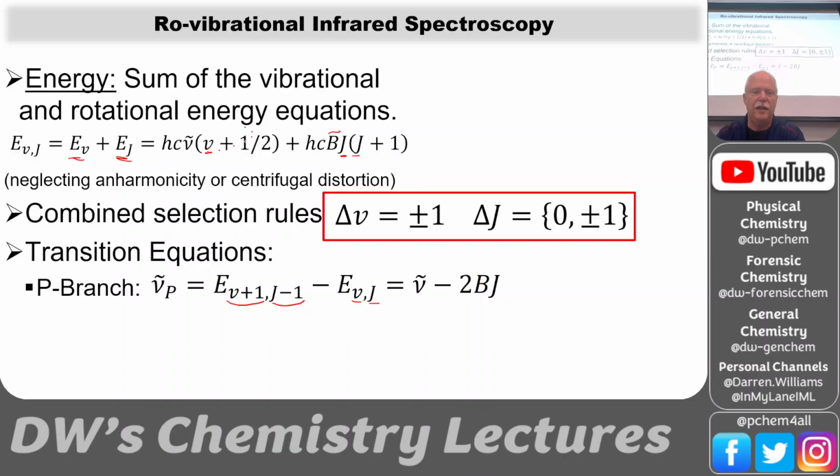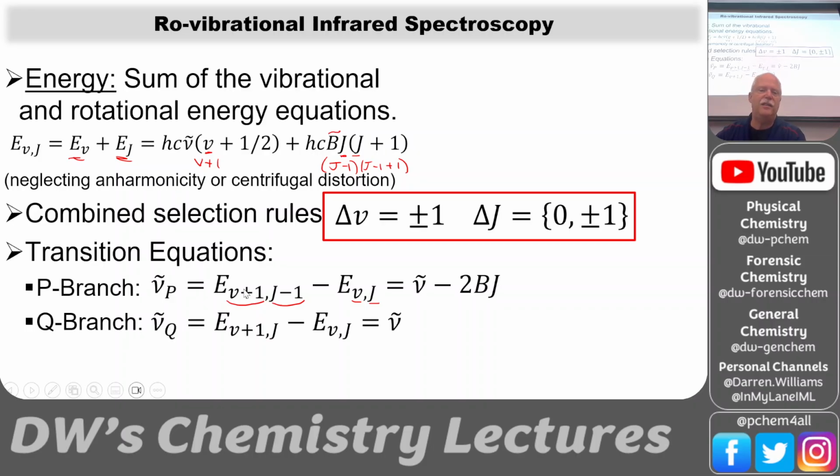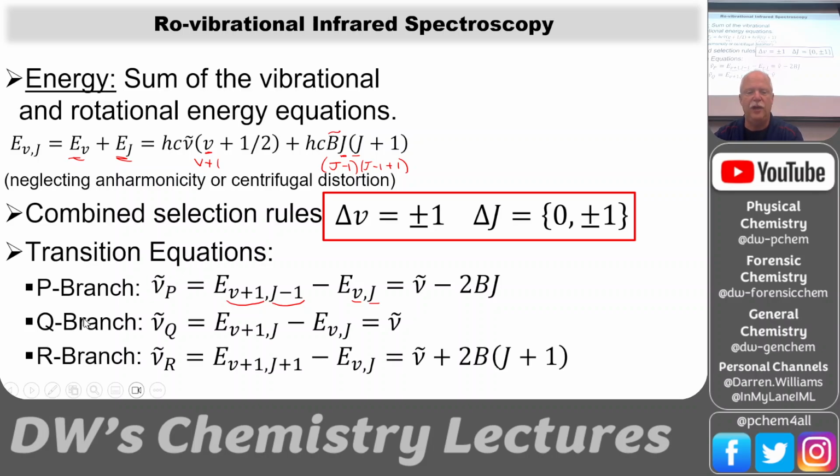So wherever there's this v, we put in v plus 1, and then we subtract the one with v, and then here we put in J minus 1 for J. And we do all the algebra, and this is what comes out for the P branch. Then for the Q branch, the J's don't change, and so they disappear. And we just have the change in vibrational frequency. And then for the R branch, we end up with this.